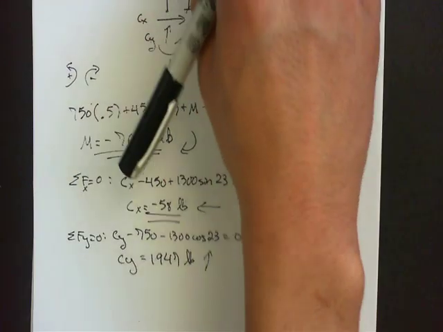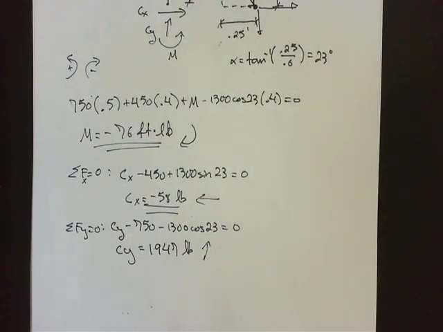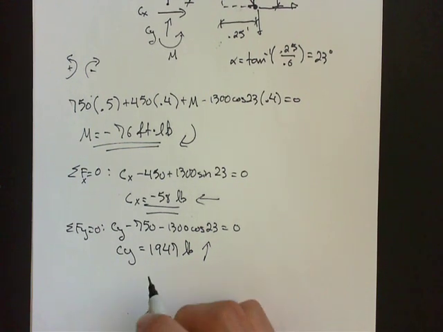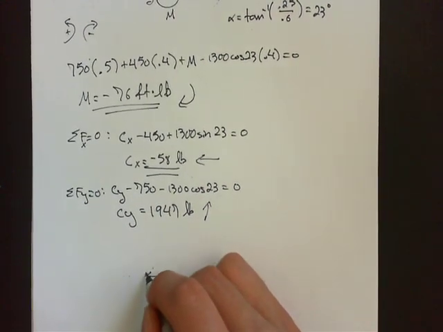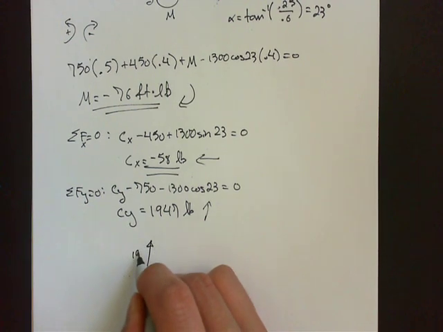Okay, so this tells us that the reaction at C goes to the left 58, then goes up 1947.